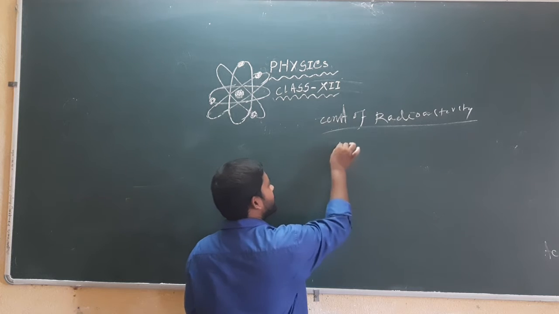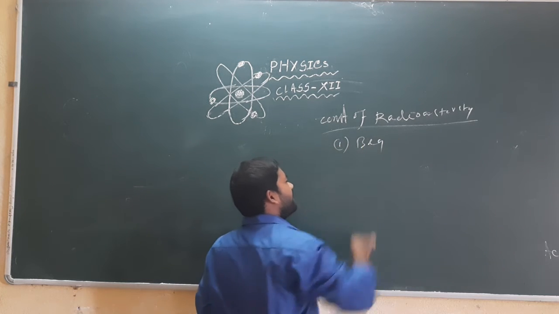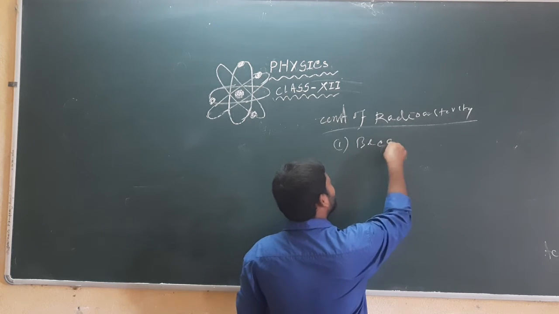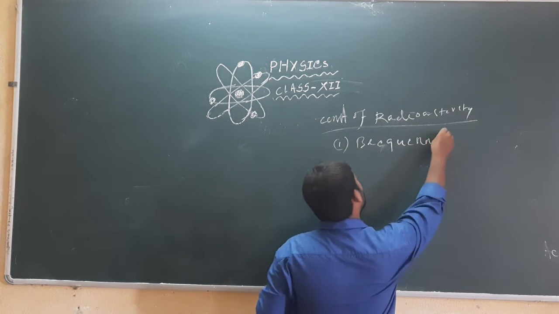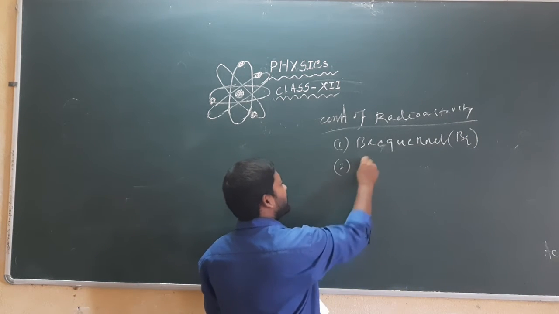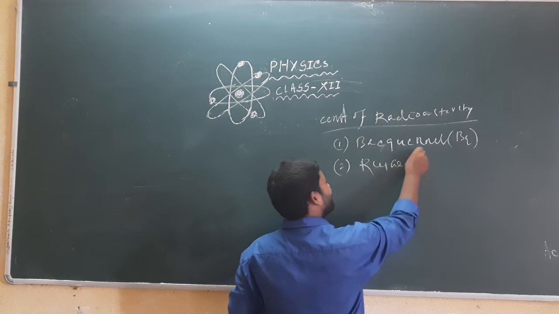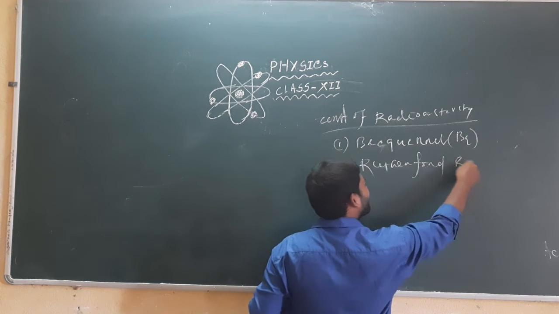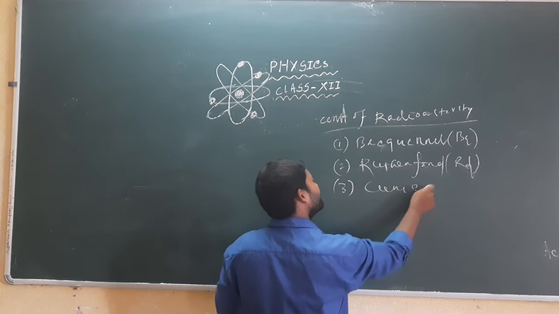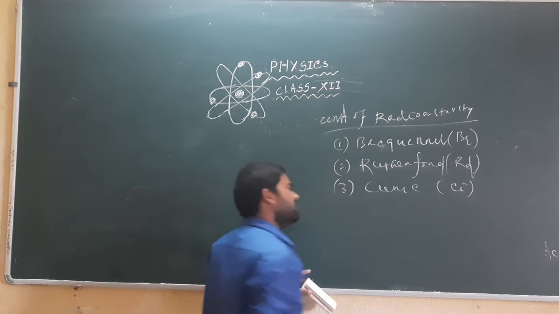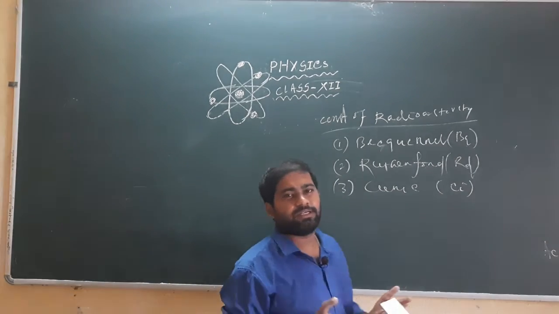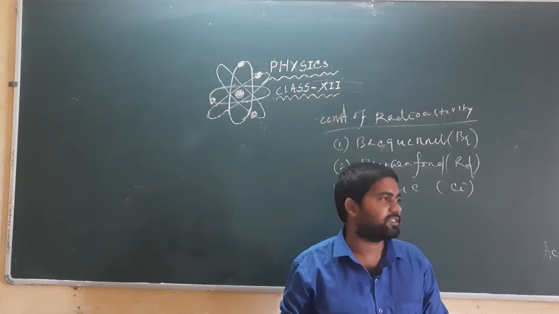The first unit is Becquerel, the second is the Rutherford, and the third is Curie. So these are the 3 different units used to measure radioactivity or radioactive disintegration.